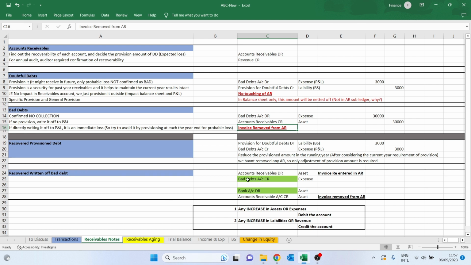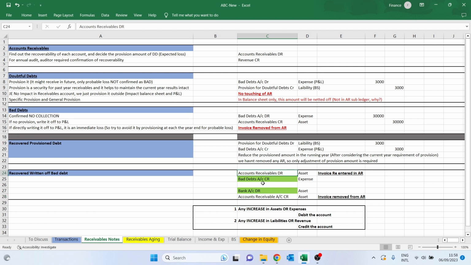So in that case, we need to re-enter that invoice into the accounts receivable, because here we have removed it, and while receiving the money, we need to pass the entry also.